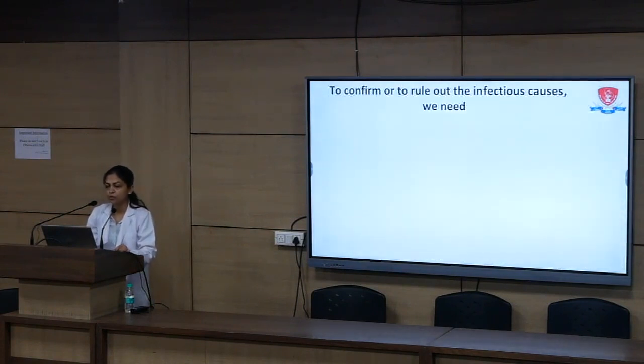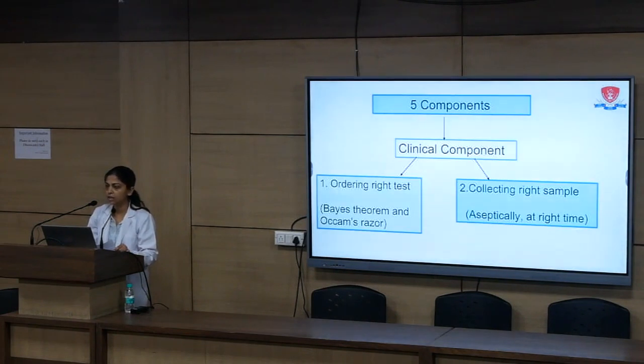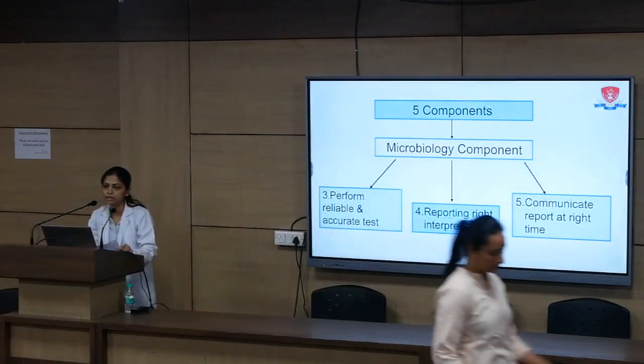So to confirm or rule out the infectious causes in particular, we need the right test within the right time by the right methods. And all these 3 R's are covered under 5 components. They are ordering the right test, collecting the right sample, performing reliable and accurate tests, reporting the right interpretation, and communicating the report at the right time.